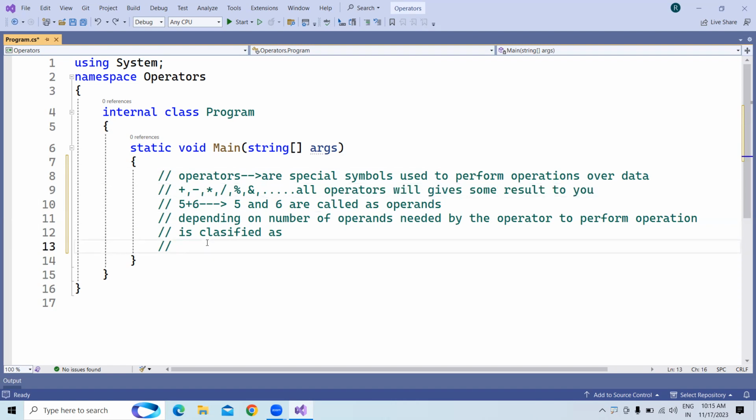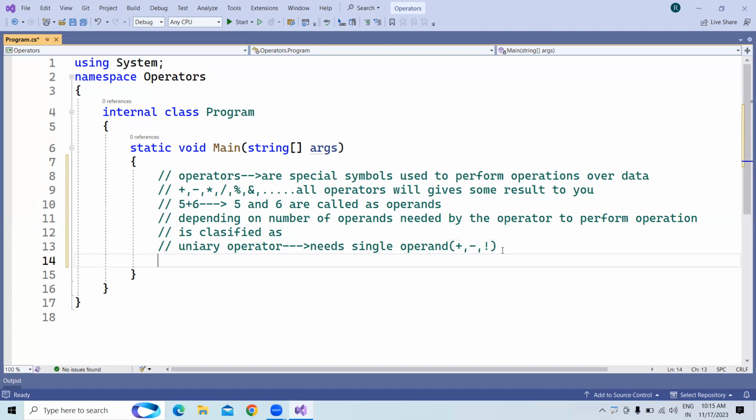A unary operator needs a single operand. The examples are plus, minus, and the not operator. These are unary operators.